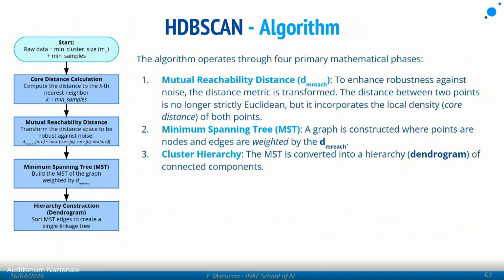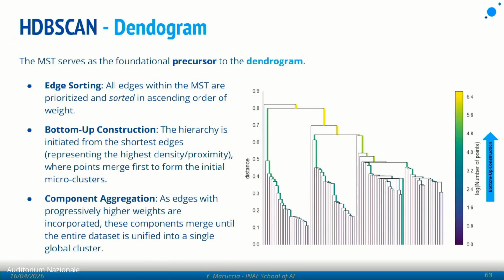So this is how to build the minimum spanning tree. After that, we convert the minimum spanning tree into a hierarchy, that is the dendrogram of the connected components, and this is how HDBSCAN does it, because the minimum spanning tree is the precursor of the dendrogram. It sorts all the edges within the minimum spanning tree in ascending order of weight, okay?